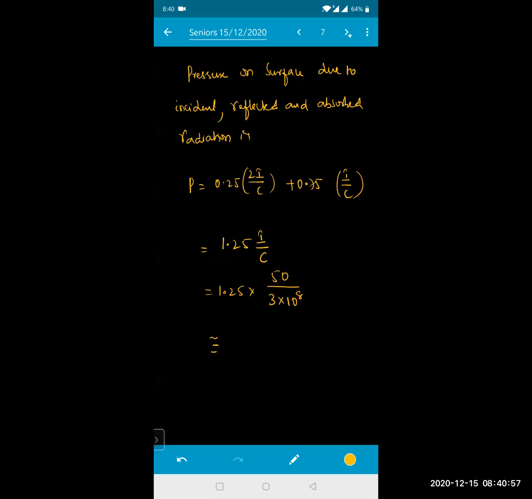Let's see how much it comes. This is 1.25 into 50 divided by 3, which is approximately 20.8 into 10 to the power of -8 Newton. Very good question.